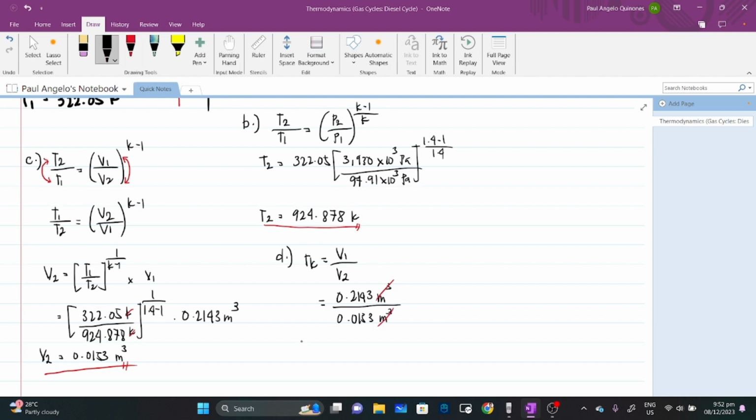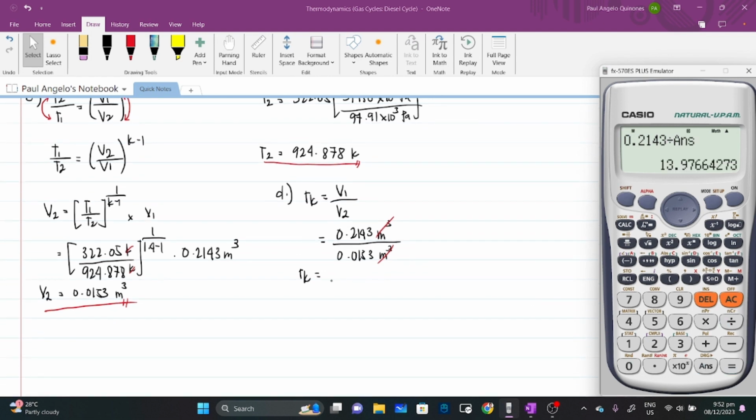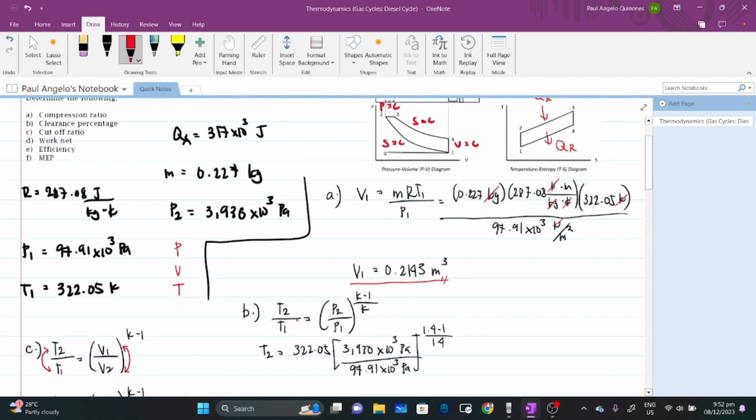So I will have compression ratio is equal to 0.2143 divided by the answer, that is 13.97, or simply the compression ratio is 14. Okay, so let's put the box around it since it is a required variable. Compression ratio is okay already.